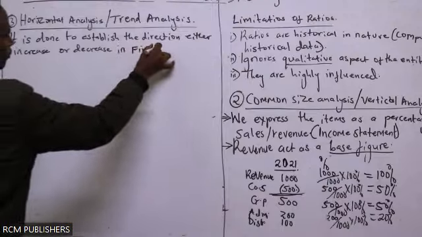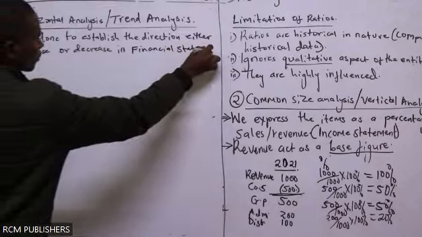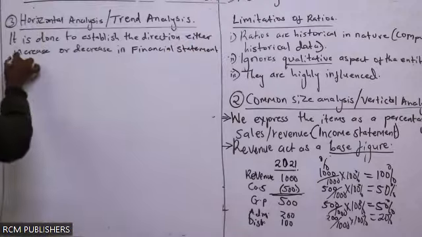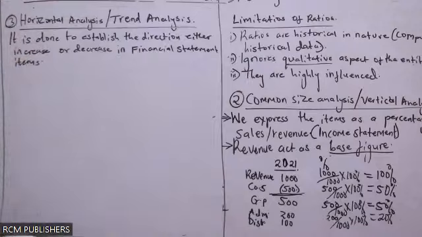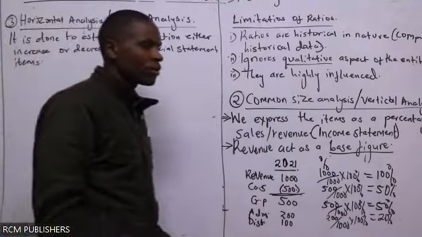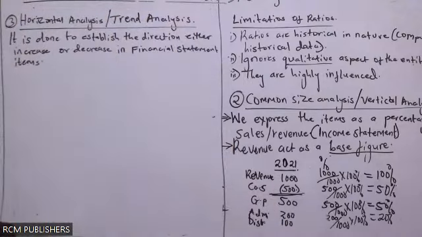Depending, we shall be looking at whether there was an increase or a decrease in a certain period. Therefore, we should be comparing two periods.